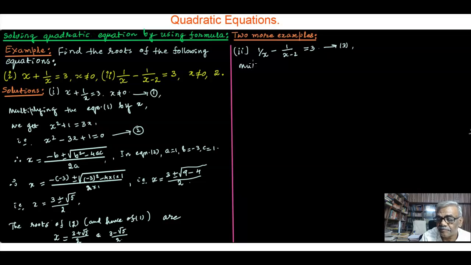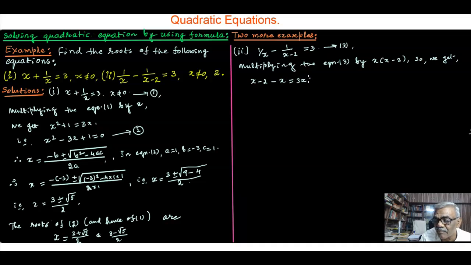Multiplying the equation by x into x minus 2, so we get x minus 2 minus x is equal to 3 into x minus 2.